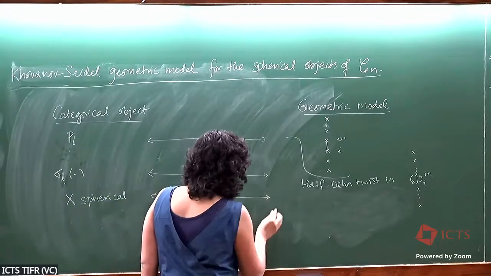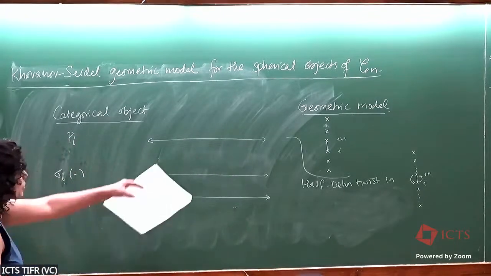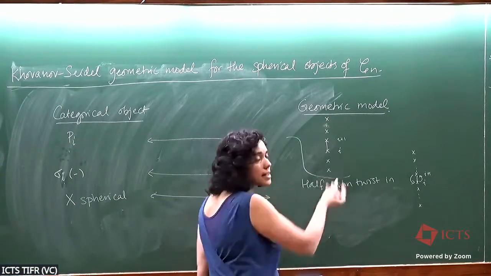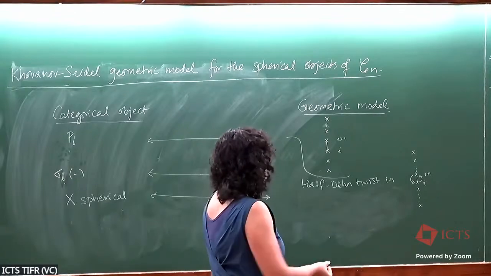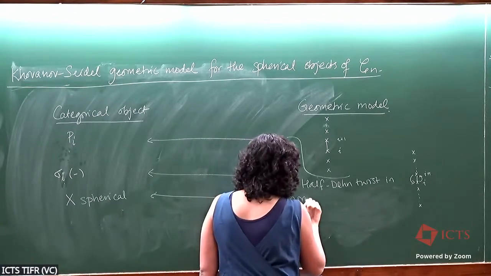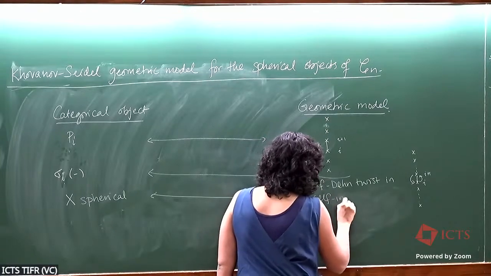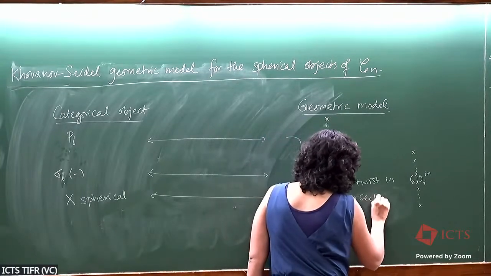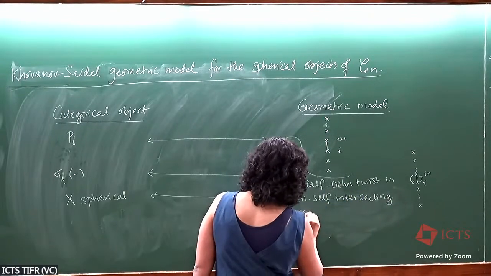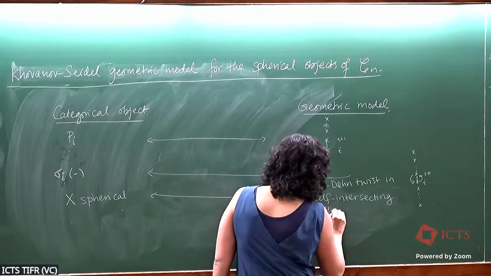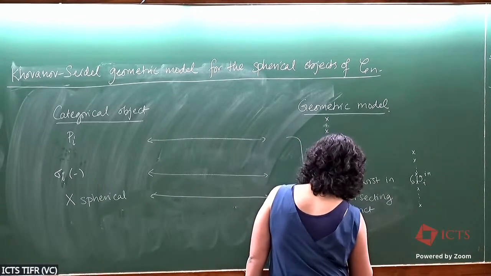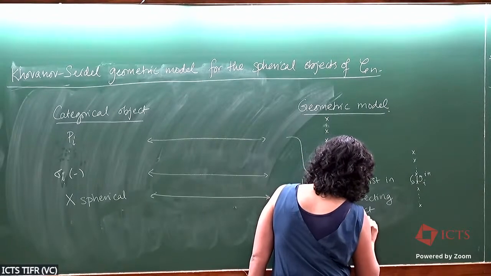is, so what will be the output if you start with one of these and you start applying braids? You will get some kind of non-self-intersecting arc which starts at one point and ends at some other point, with distinct endpoints.